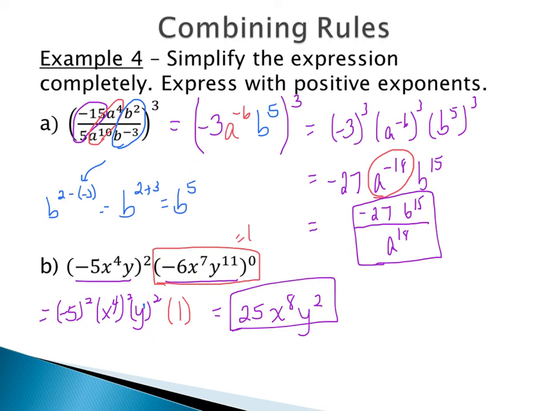Other people just like to think, well, if I can't see anything with the y that's there, even though there is an invisible 1, we can just bring the 2 in. Also, just note that the times 1 at the end, 1 times 25, would just be 25, so it didn't just disappear. It's just that 1 times any number would just be that number, so 1 times 25 is 25, to give us our final answer of 25 x to the 8th y squared.